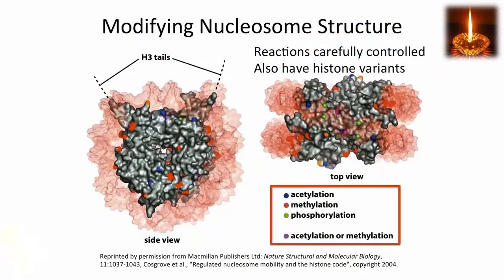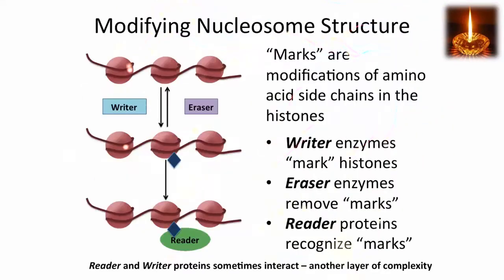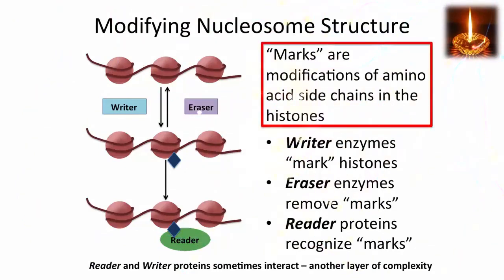And these different modifications cause changes in the structure of the histones that alter how the DNA that is packaged in this region gets expressed. And so these marks, these modifications of amino acid side chains that occur in the histones, are a way of altering DNA expression without changing the DNA sequence.